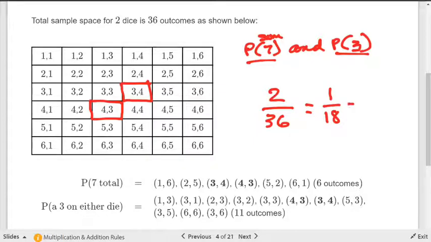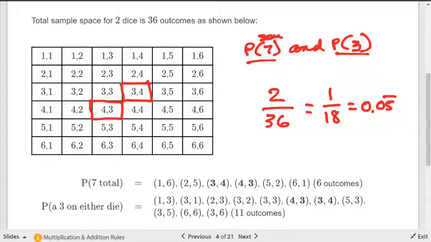Turn that into a decimal for me, please, because I did the other one as a decimal. 0.05555, 5 repeating, and then there's a 6 because you rounded it.